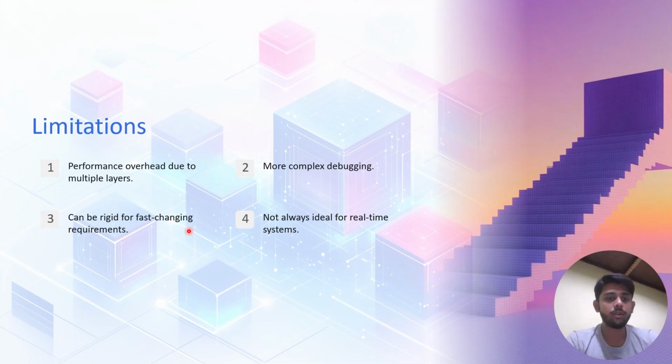Can be rigid with fast changing requirements. As we know, the requirements in the current era are changing very rapidly, so it can be difficult to cope with fast changing requirements in such a distributed architecture. Not always ideal for real-time systems.